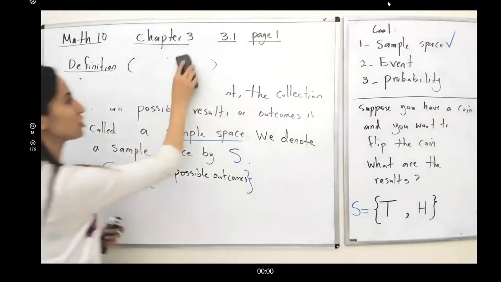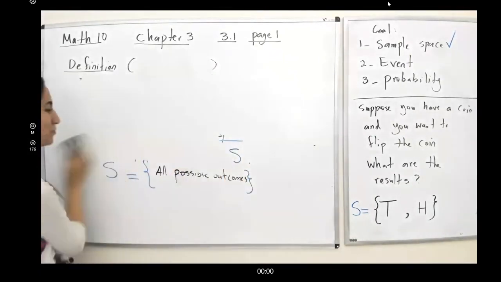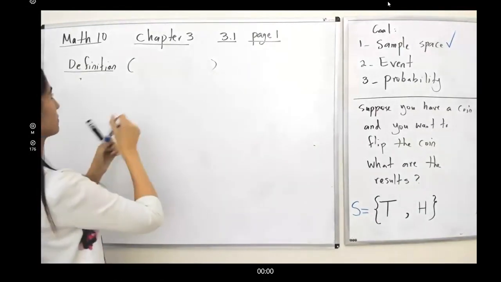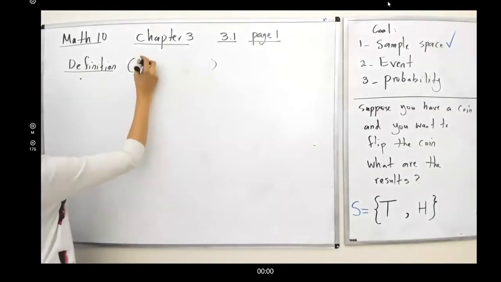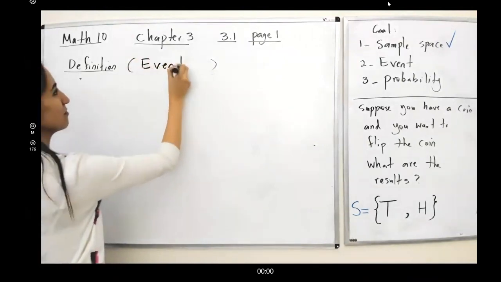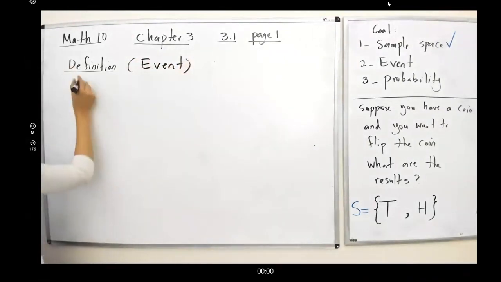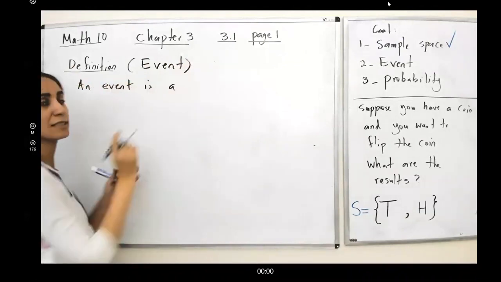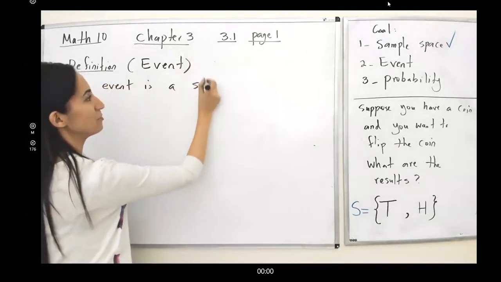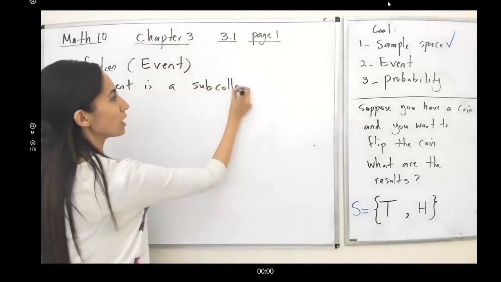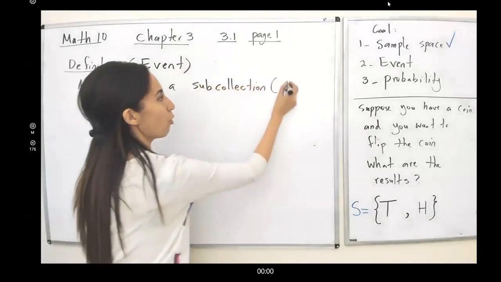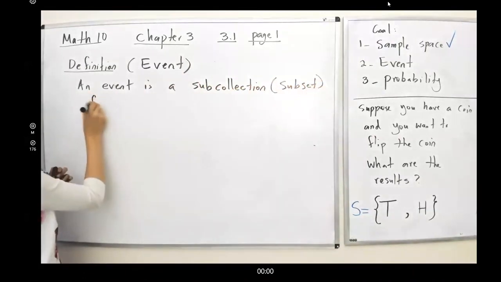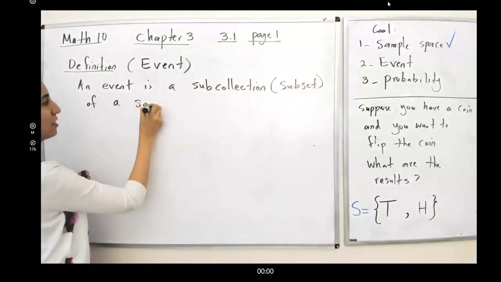So, the definition of an event: an event is a sub-collection or subset of a sample space.